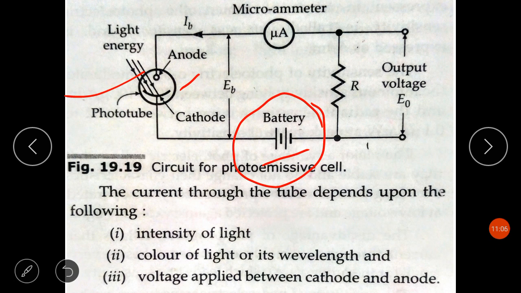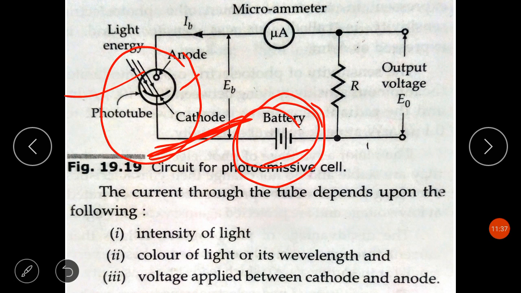Now if the applied voltage exceeds that critical value, what will happen? Collisions will increase, excess amplification of electrons will occur, and we will see a glow discharge inside the gas filled photoemissive cell. This glow discharge will destroy the cathode.